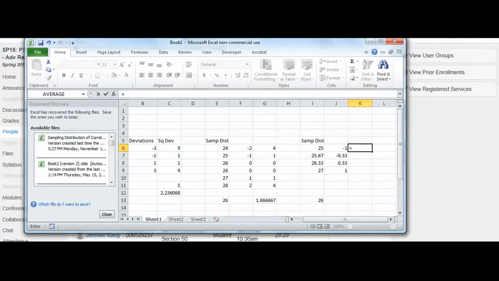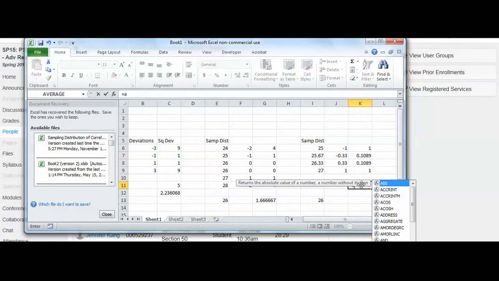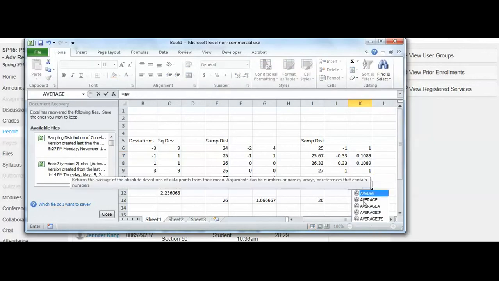Now we can square each of these deviations. So these are the squared deviations. And then we can get the variance, which is just the mean of these squared deviations. So we type in equals average.